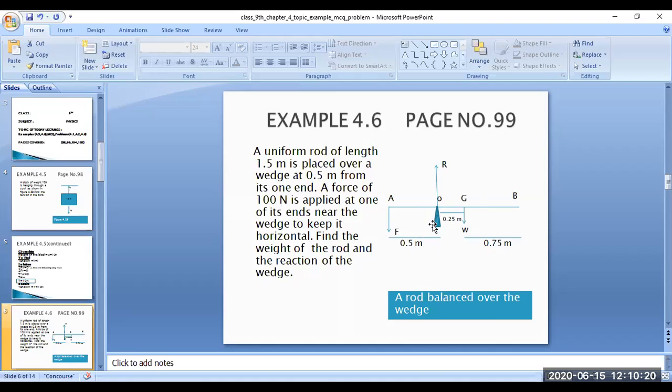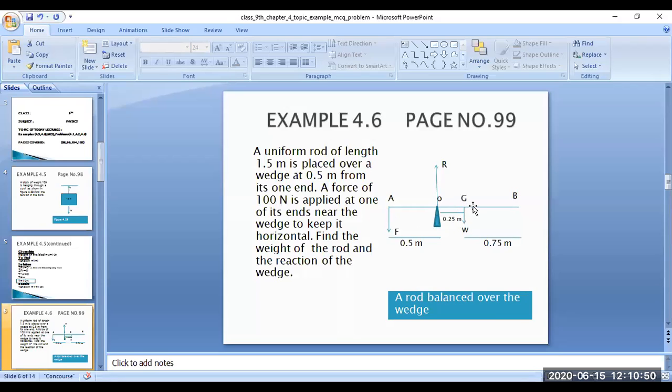This triangle is the wedge, and my rod is placed on the wedge. It's lying horizontally on the wedge. I name this point A, and this point B, and the point where the wedge is standing, I name O. This is my another point, which is G.